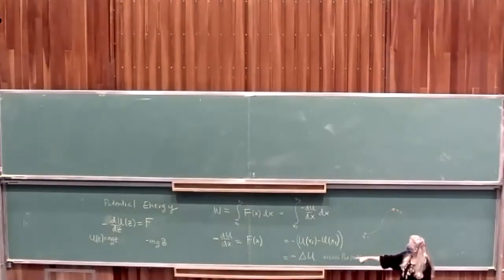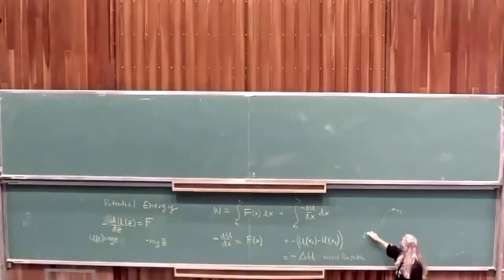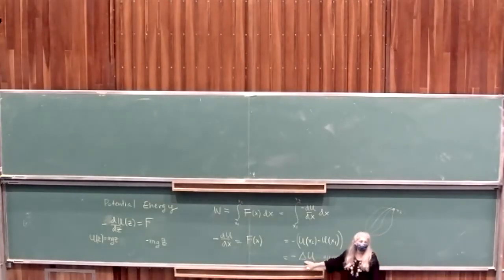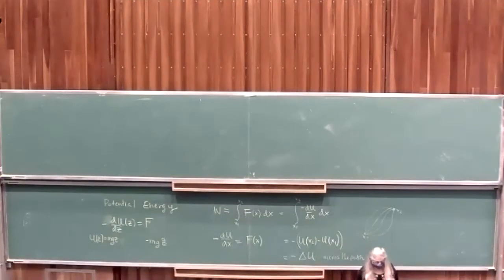It just depends on the difference. So I could take another path and I would get the same work. Any path gives me the same work, and I just calculate it from this potential energy function. That's kind of cool.